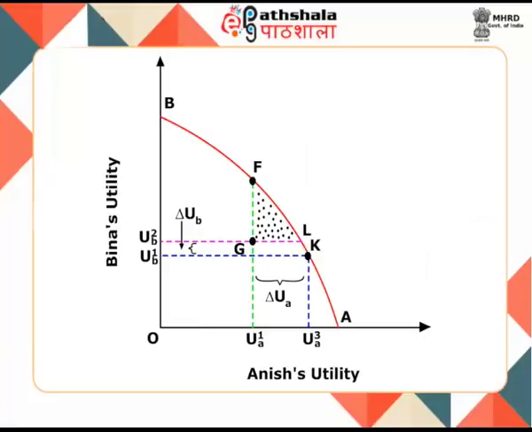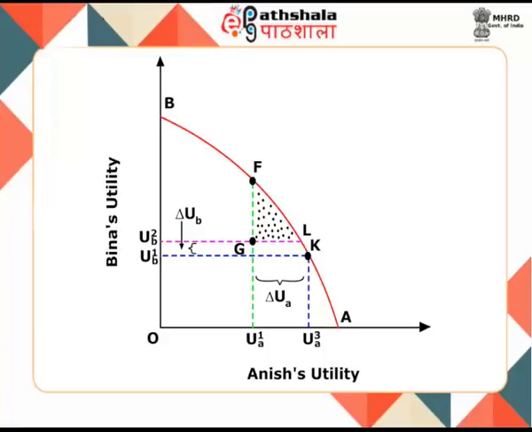We will now discuss Pareto frontier and efficiency. Consider the two-member society. We have already discussed that the attainable area lies on or below the curve AB.